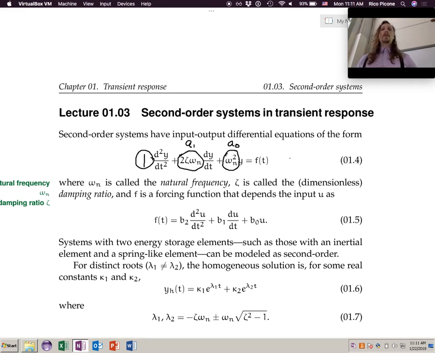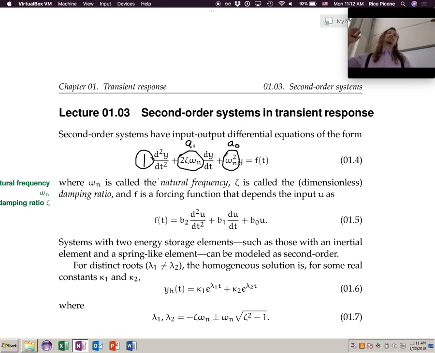We call omega n the natural frequency. You may or may not be familiar with the phenomenon called resonance, and resonance occurs near the natural frequency of a system. If you were to let a system go when it's oscillatory in any way, a pendulum would be an example.